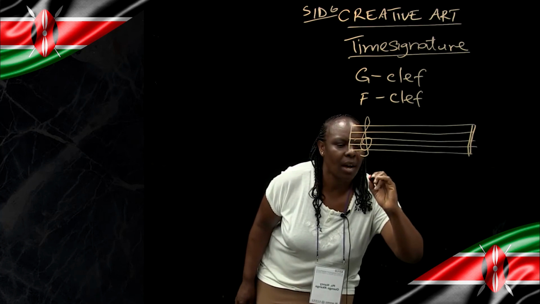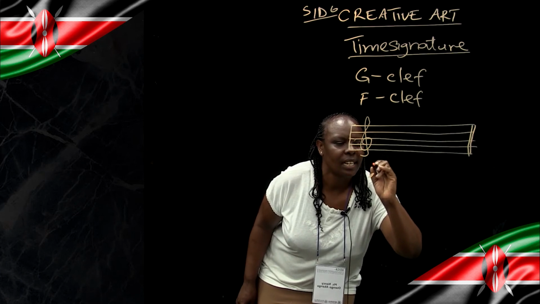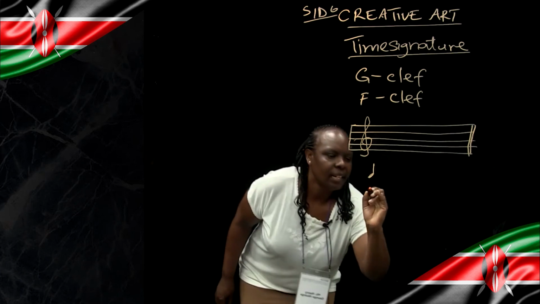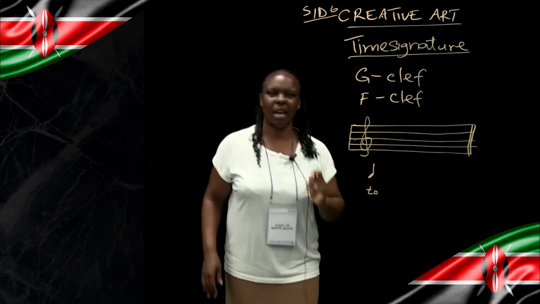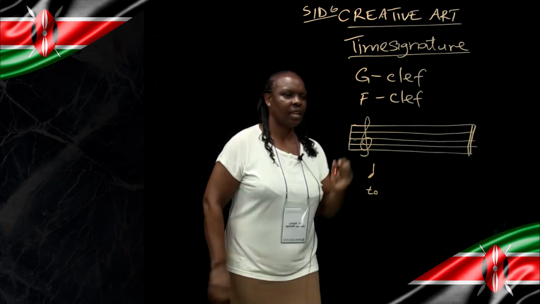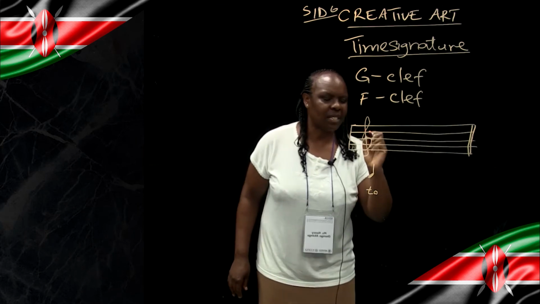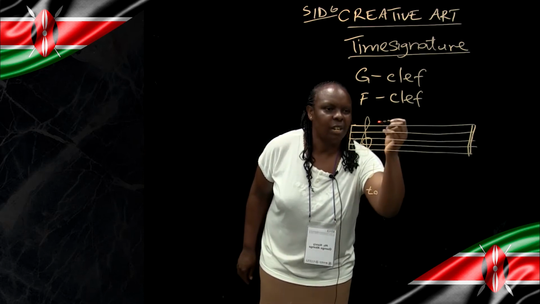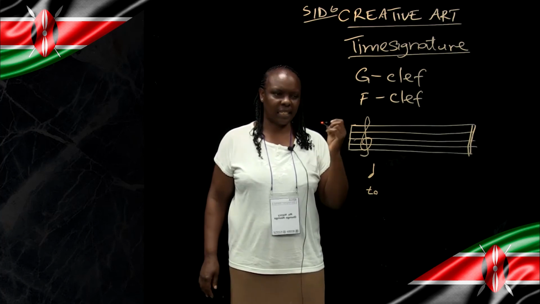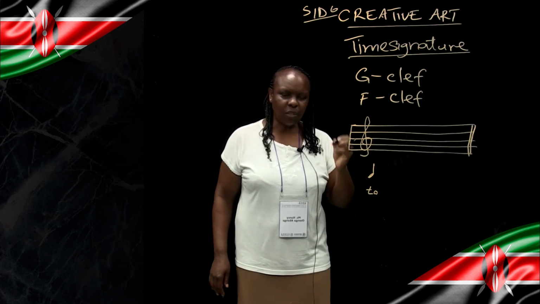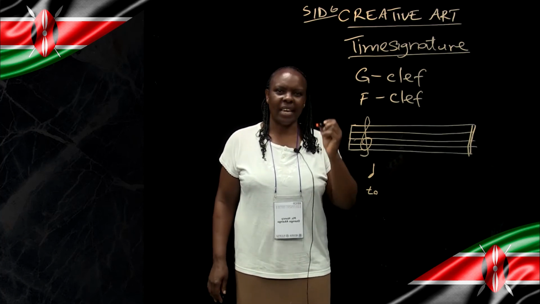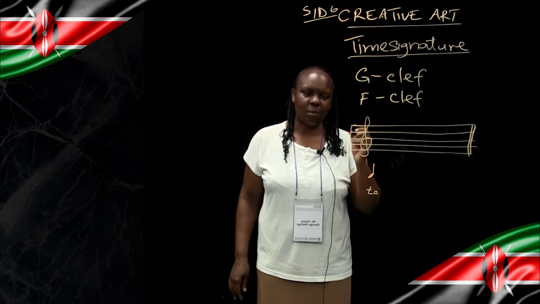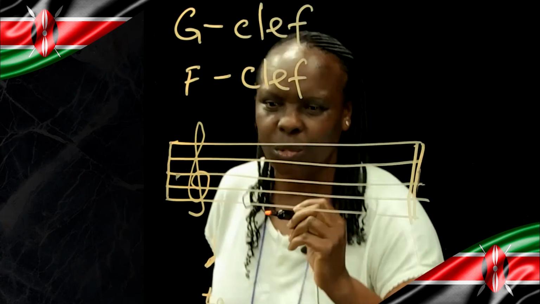This is how a crochet beat is written. Its name is ta. You clap once, ta. And therefore, our time signature means we are going to take this crochet and place it on the music staff. A music which will be done by a girl, or it can be sung by a woman. This is what we do.